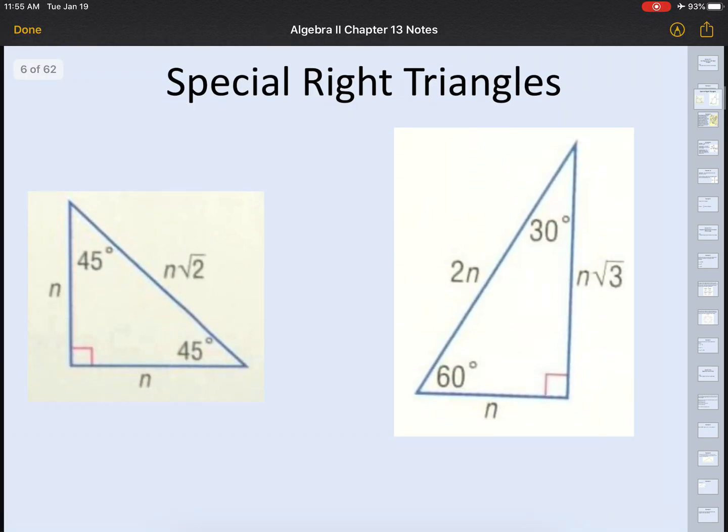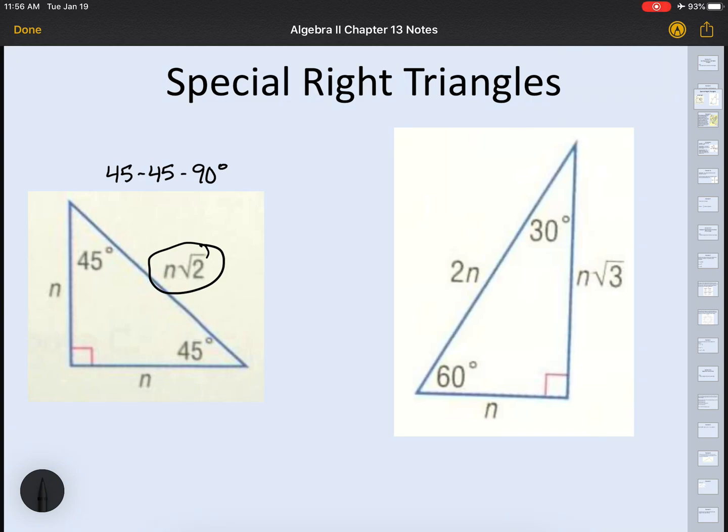All right, we do have a couple of special right triangles. We have what we call the 45, 45, 90 degree right triangle. Okay, so that's the first one here. Basically, the two legs are the same length, but if you find the hypotenuse, you just take the length of one of the legs and multiply it by the square root of 2.